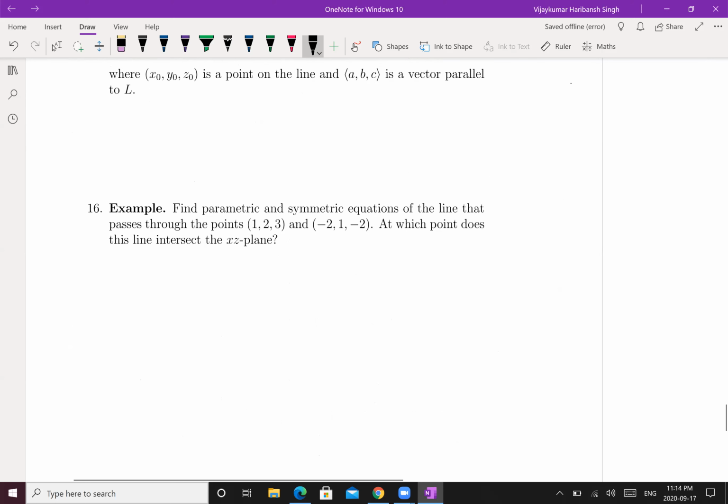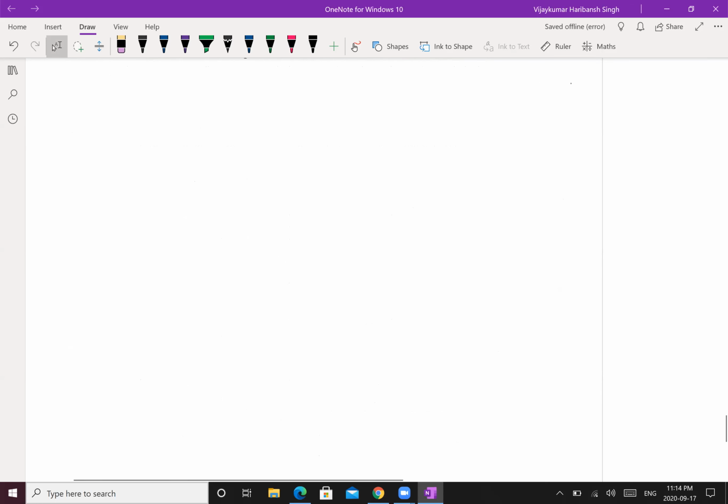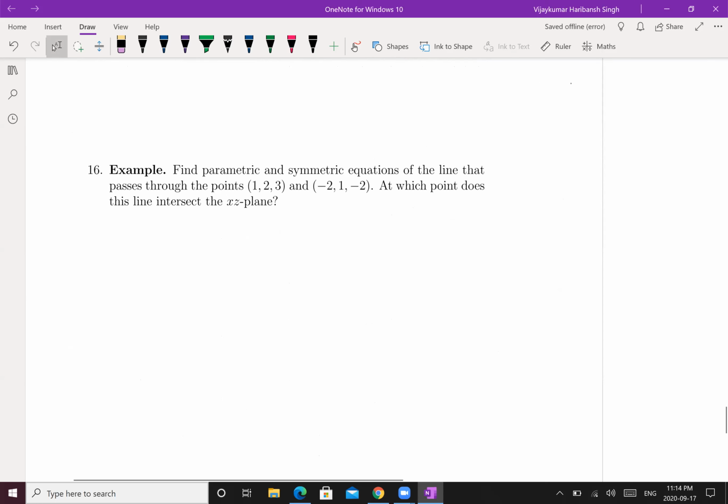Okay, so now let's consider the following. Find the parametric and symmetric equations of the line that passes through the points (1, 2, 3) and (-1, 1, -2). At what point does this line intersect the xz plane? First of all, we can find a, b, and c, which is the same as your vector v.